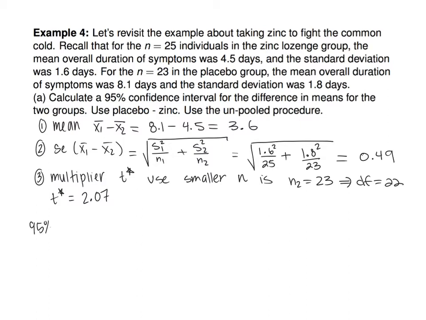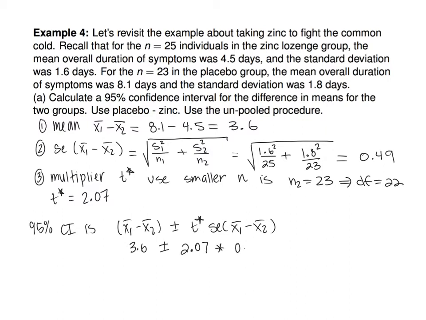And the 95% CI is x1 bar minus x2 bar, plus or minus t star times the standard error of x1 bar minus x2 bar. So 3.6 plus or minus 2.07 times 0.49, which works out to be 2.59 to 4.61.